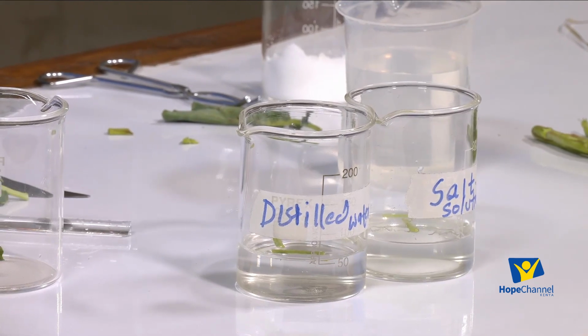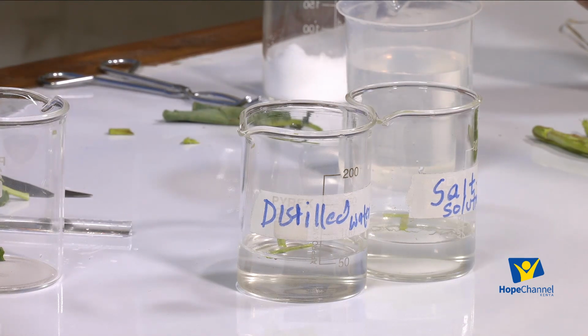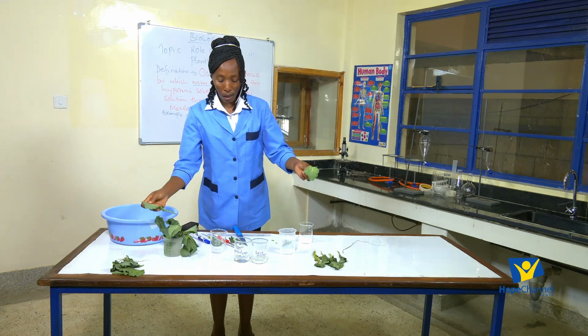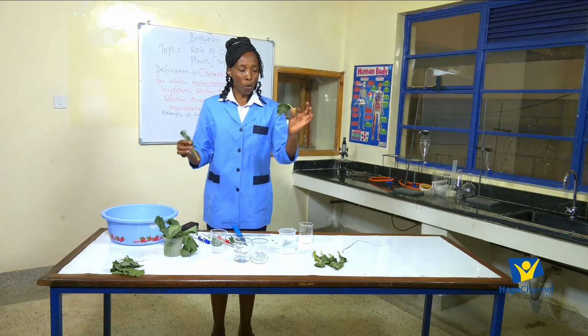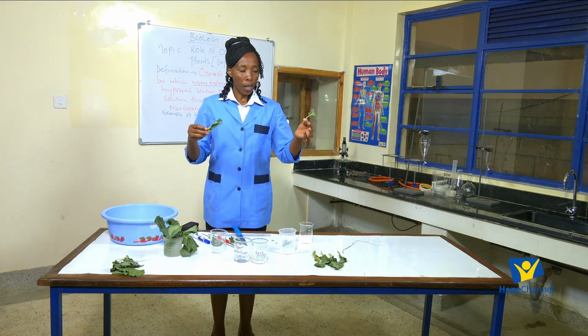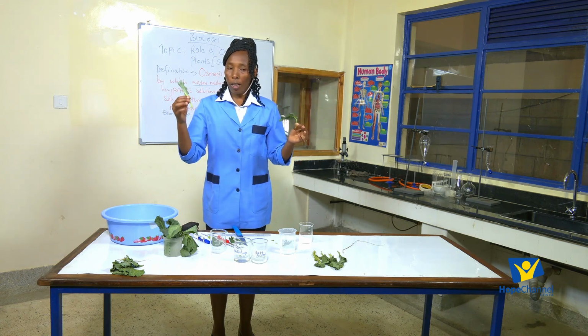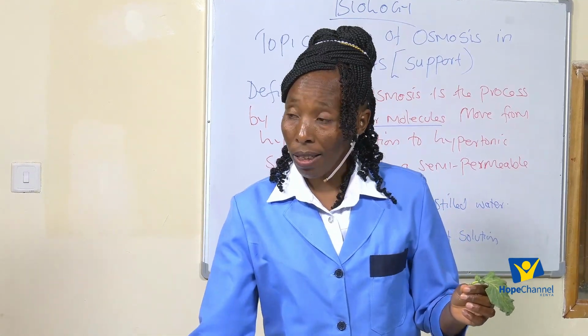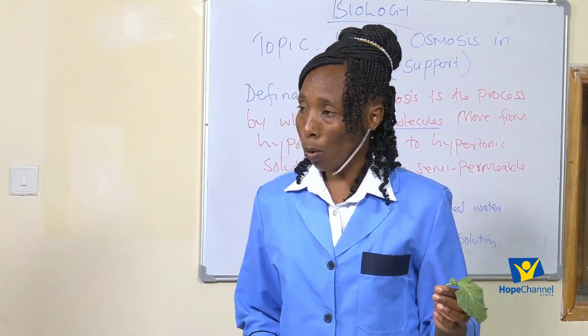Now we leave the setup and make observations after some time. But something I want you to remember: both are leaves, and the only difference is that this one is exposed to the air. This one is also exposed to the air, but its petiole is inserted in water.